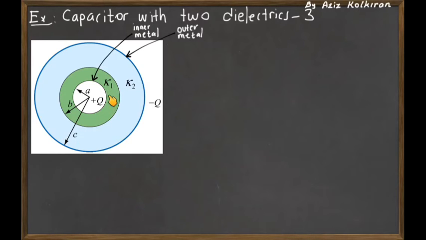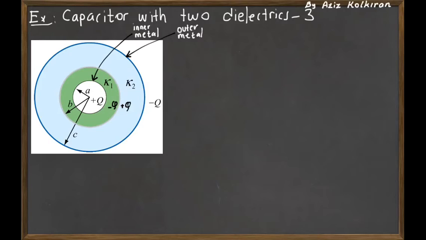We have a charged metal with plus Q, which has radius A, and around this metal a shell of dielectric material with dielectric constant K1, which has the radius B. Around this one we have another dielectric material with dielectric constant K2 with the radius C. On the outer shell we have the second metal which has the negative charge minus Q. So we have two metals, plus Q and minus Q, and in between two different spherical dielectric materials with dielectric constants K1 and K2 at radii B and C. The question is, what is the capacitance of this configuration?